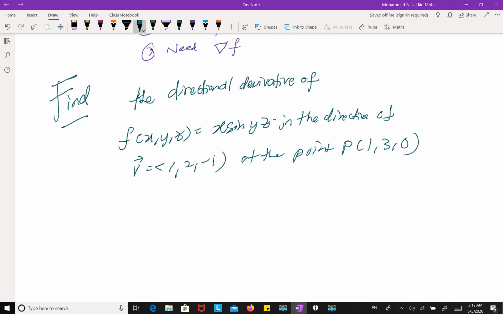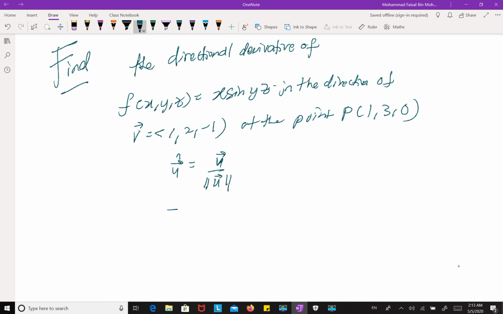So to find this unit vector, remember, the vector itself over its magnitude. And then you have to find the gradient of f at (1,3,0).